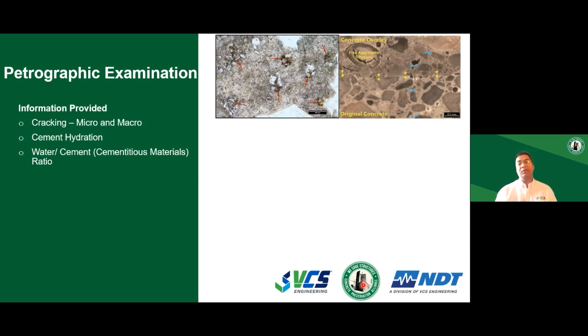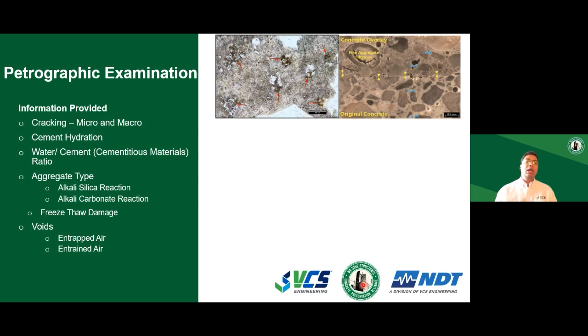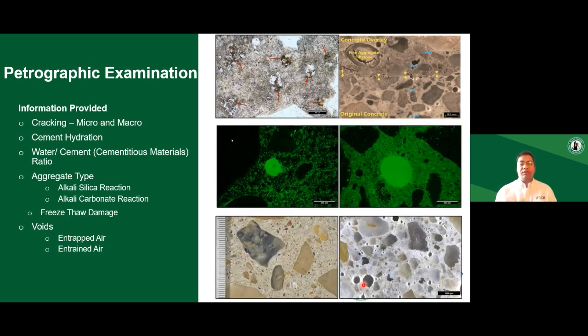It's a very in-depth examination of the concrete. It can also give you an idea about what kind of aggregates were used, if those aggregates are susceptible to alkali silica reaction or alkali carbonate reaction, and if you are seeing any freeze thaw damage. It can also tell you the nature of the voids you have, the air void content, and whether your concrete is susceptible to freeze thaw damage or not.